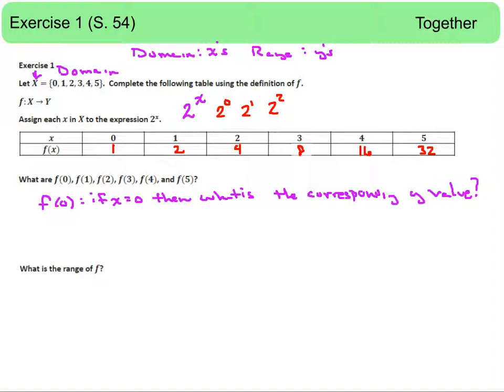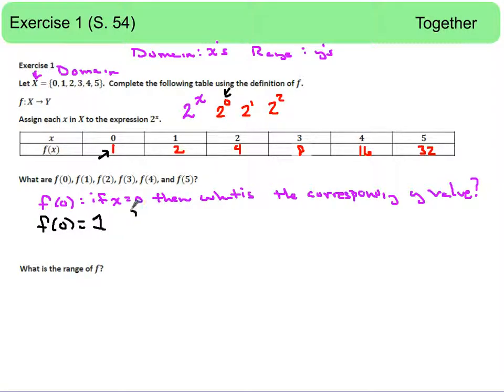And so that's what they're asking. The answers are going to be the same, so we'll just put a footnote on that. If we said f of 0, then f of 0 is equal to 1, because if x is equal to 0, that's this case right here. Then what is the y value? We said that was that piece of information right there.